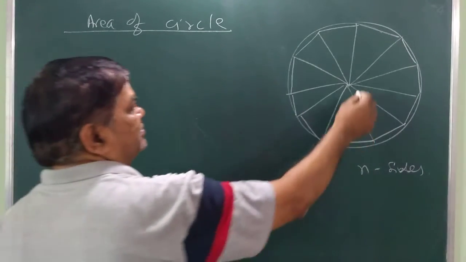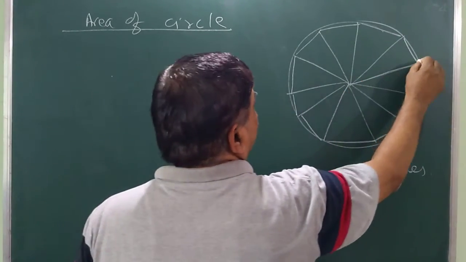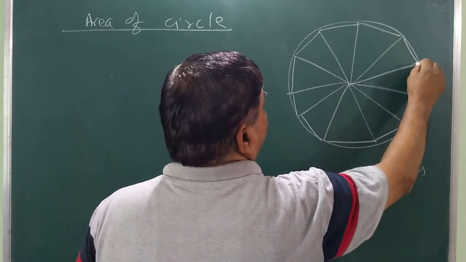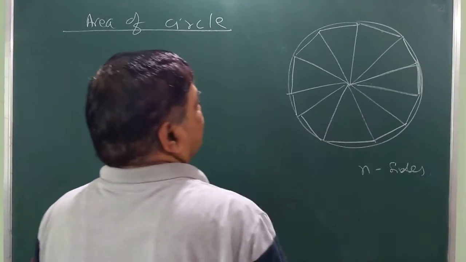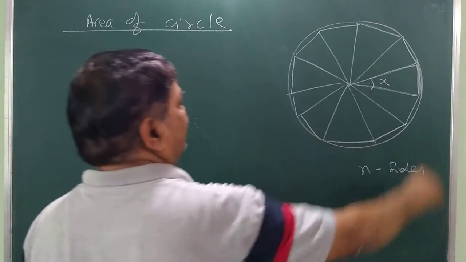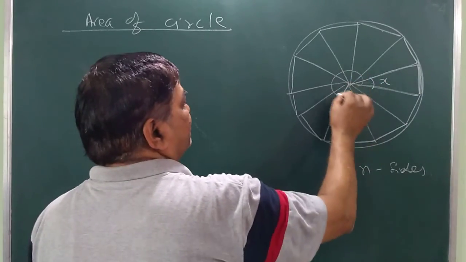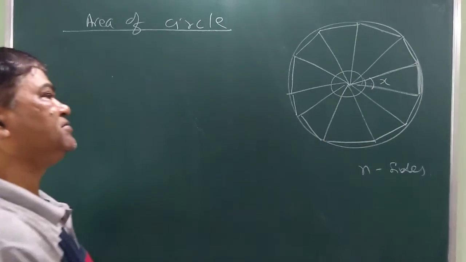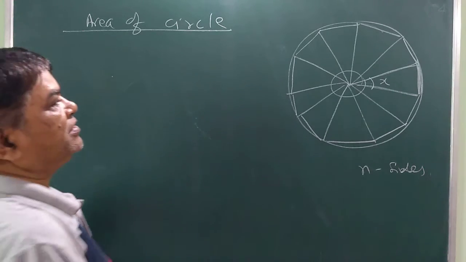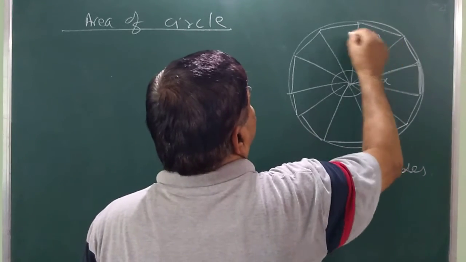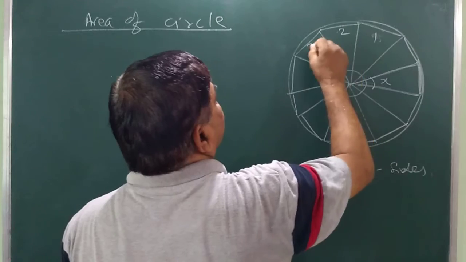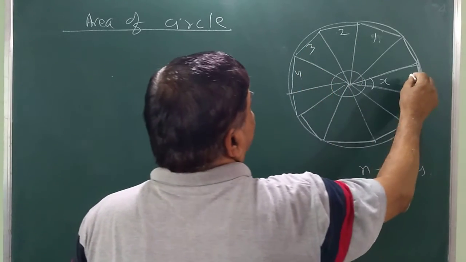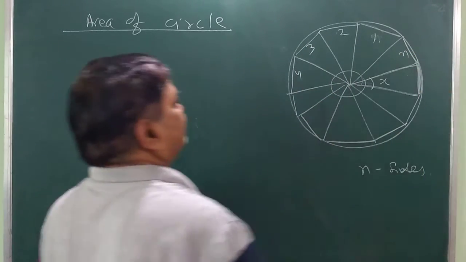So this is the center. Consider only one triangle, this one. So this is your, suppose x. So total angle is 360. Suppose this is one side, two side, three side, four side. This is up to n sides.